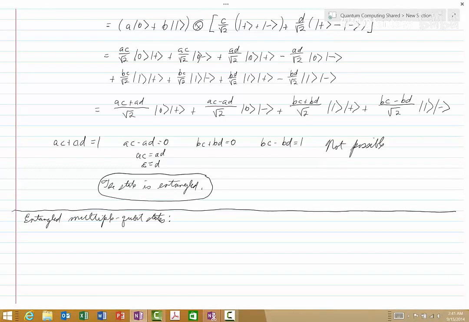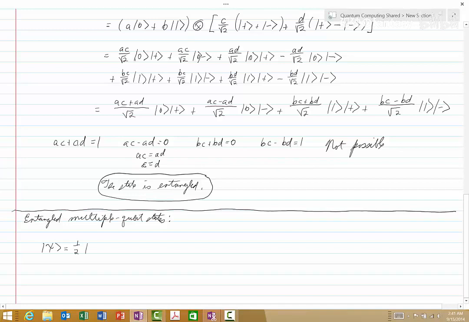And in this case, I believe I'll just stick with the example in your book, which is example 3.2.3. So we have the state we're going to call C, which is defined in this way. This is a 4-qubit state.